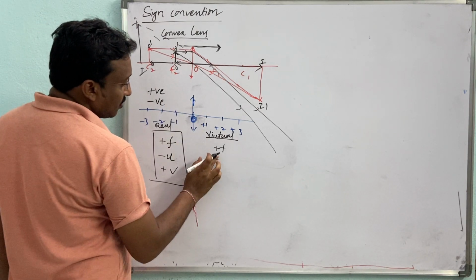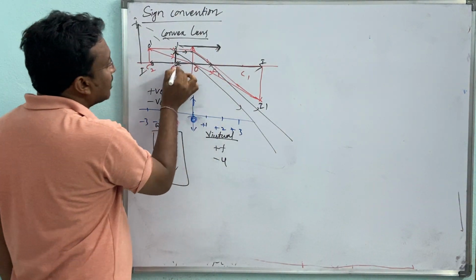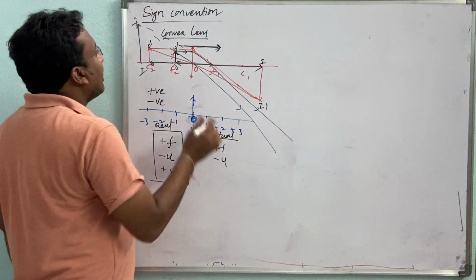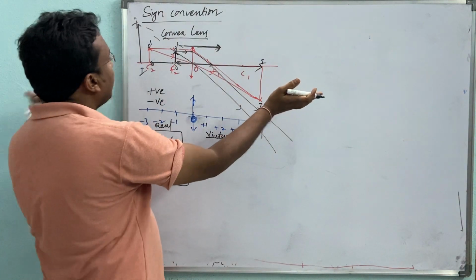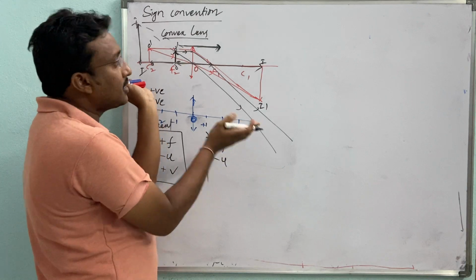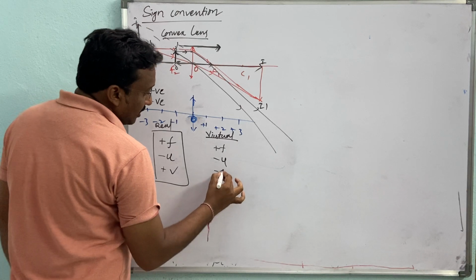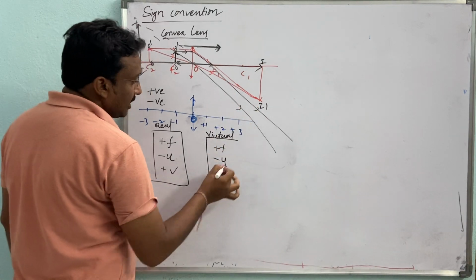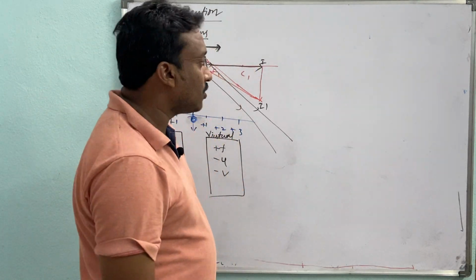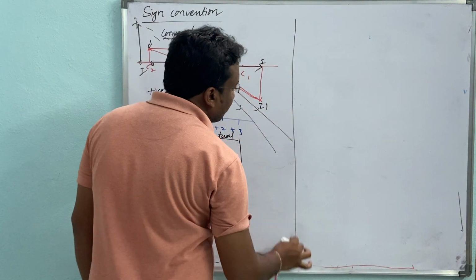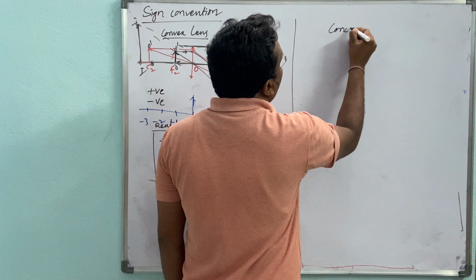It becomes minus u. Why? Because the incident ray is traveling in this direction, the measurement is in this direction. Got it? And the image is formed here. The incident ray is traveling towards the right side, the measurement is on the left side. So we have to write this also as negative. This is in case of a virtual image with a convex lens only. And here we have one more lens also, the concave lens.